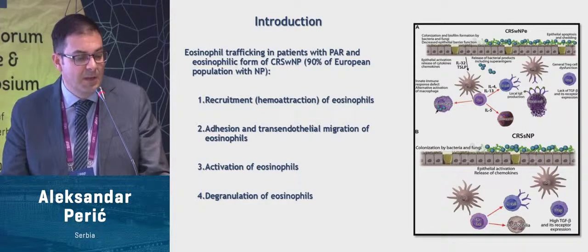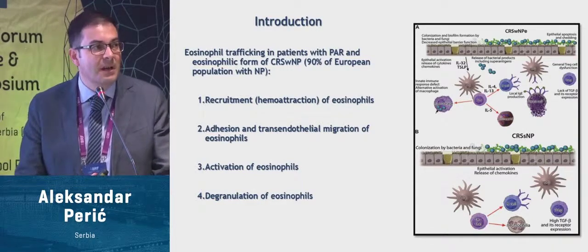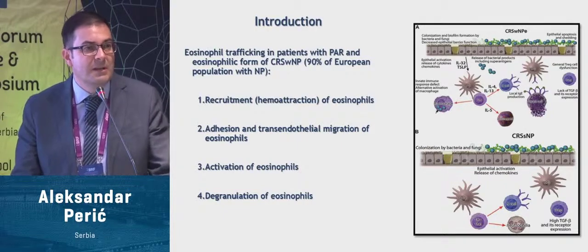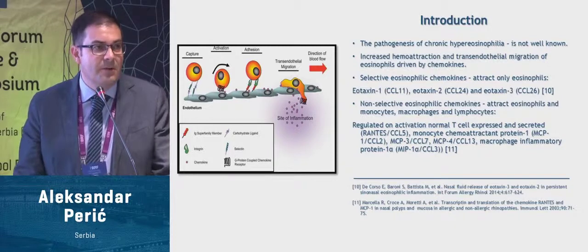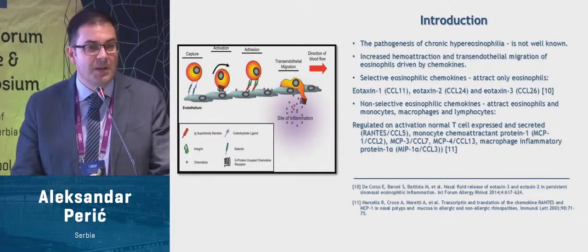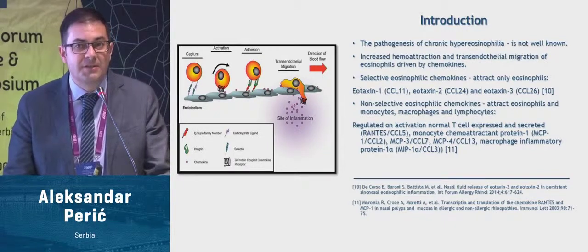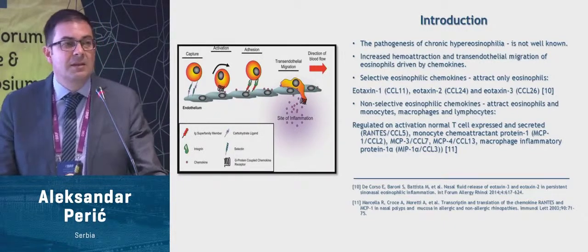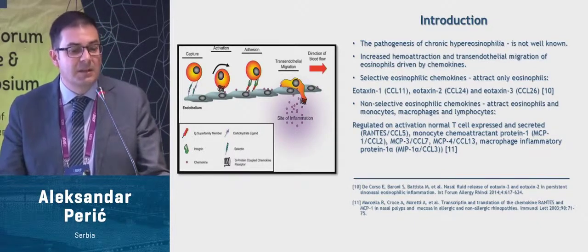Phase 2 is adhesion and transendothelial migration of eosinophils. Phase 3 is activation, and phase 4 is degranulation of eosinophils. The pathogenesis of chronic hypereosinophilia in patients with allergic rhinitis, non-allergic rhinitis with eosinophilia syndrome, and the eosinophilic form of chronic rhinosinusitis with nasal polyps is not well investigated.